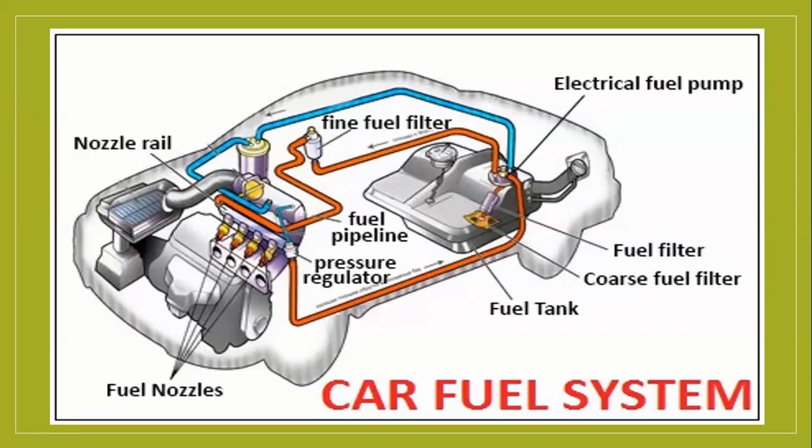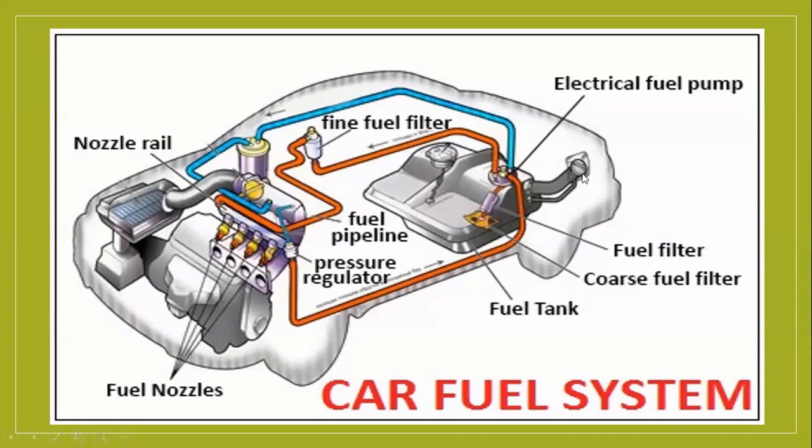I told you in the car and motorbike, the fuel tank is mostly in the rear part. You can always see the filling point in the rear part. It is closed. When you put the key or sometimes the power, then it will open.